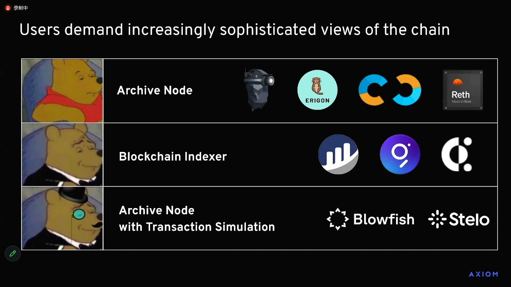For example, Etherscan, everyone knows, will show you the full history of Ethereum, as well as trace your transactions. And for different applications, you might be interested in the data that's returned from The Graph or Covalent. More recently, there are wallets and other products that offer transaction simulation on top of an archive node.